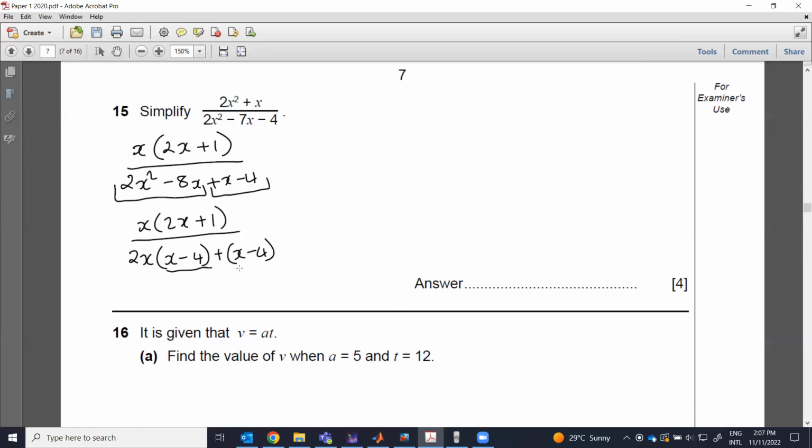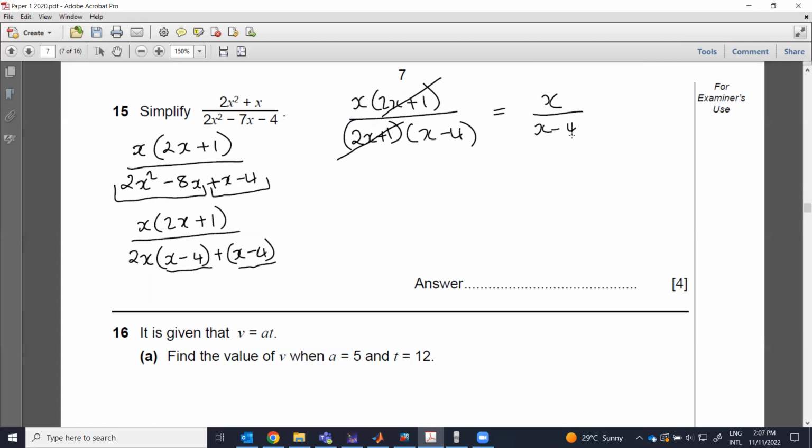And you can see that this bracket is the same, so we have our numerator again, and we have 2x plus 1, and then x minus 4. Okay, then you can see, now that I've factorized, I see that this bracket here can cancel with this one over here, and in its simplest form, I have x over x minus 4. So that's my answer.